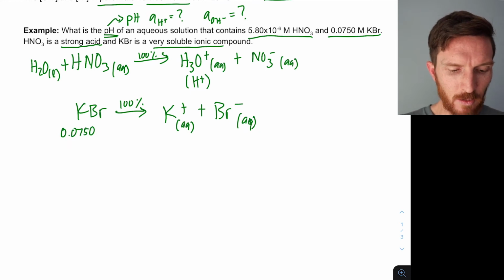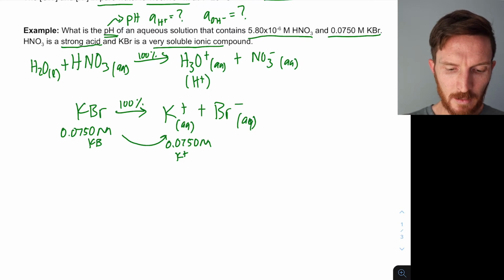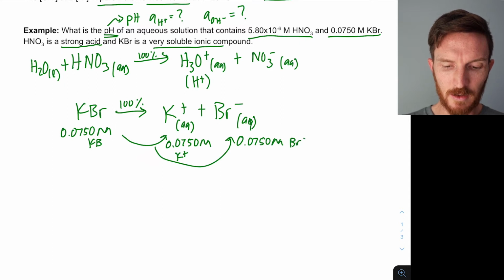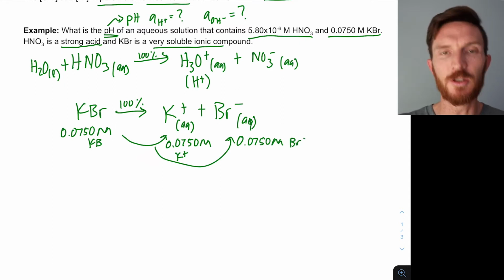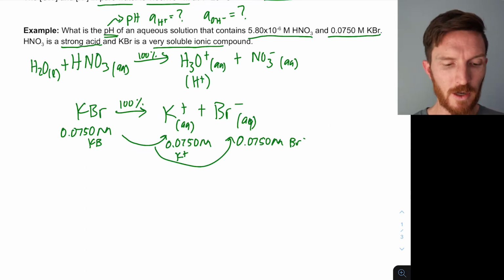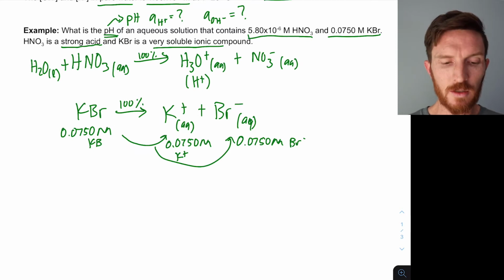If I started with 0.0750 molarity KBr, I'm going to get a 1-to-1 dissociation: 0.075 molarity K plus as well as 0.0750 molarity Br minus. So now we have those K plus and Br minus ions in solution.